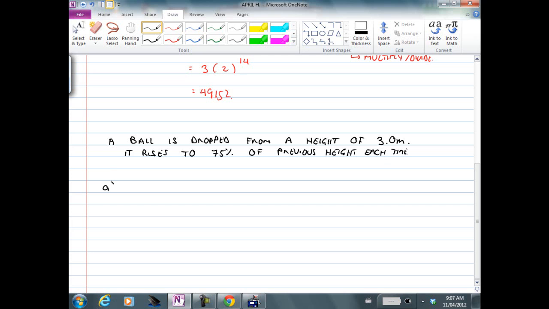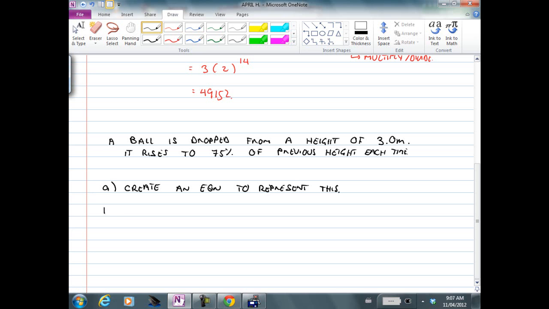One: create an equation to represent this. That's my first one. You're going to create an equation to represent this.